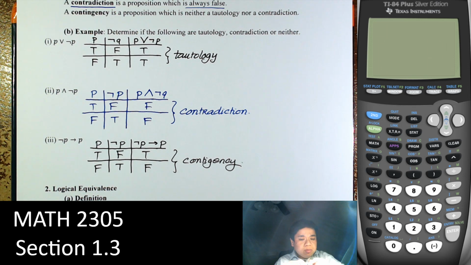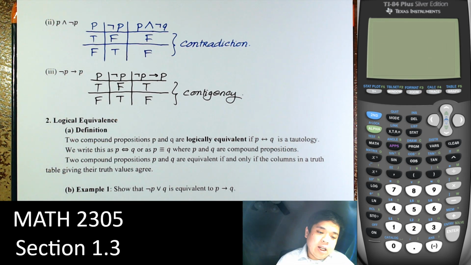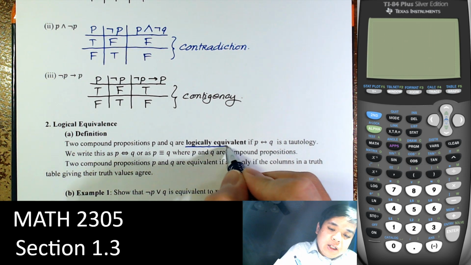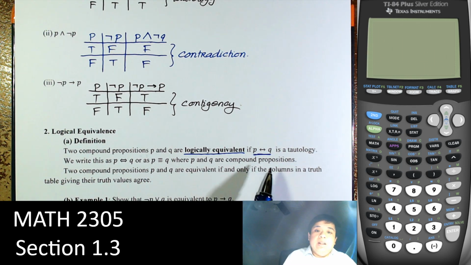Of course, we can always use the truth table to tell if they are equivalent or not. To compare propositions P and Q as logically equivalent, we check if the biconditional is a tautology.